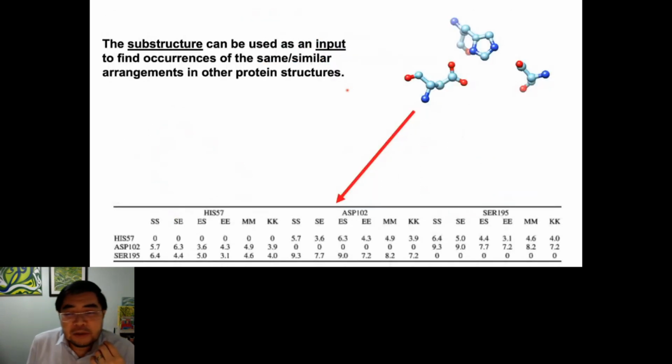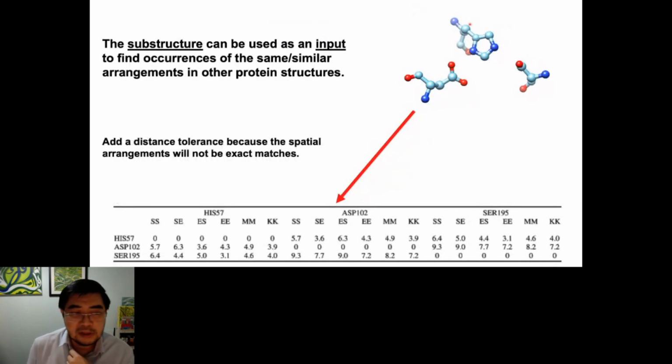Okay. So that substructure, for example, the serine protease catalytic triad just now, can be used as an input to find occurrences of the same or similar arrangements in other protein structures. So we can take the 3D information about the amino acid arrangement and convert it into the matrices.